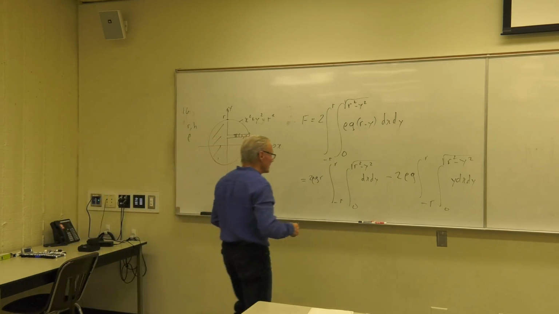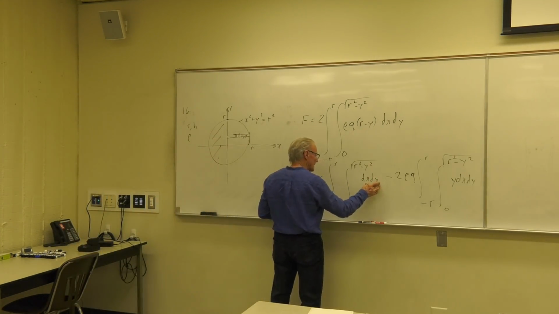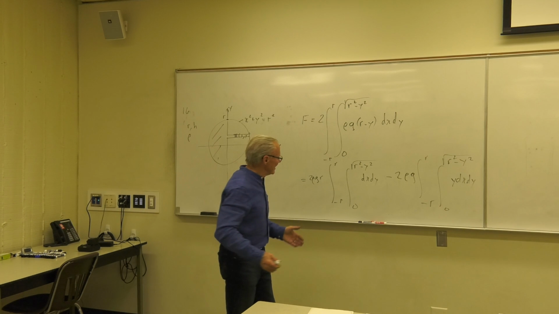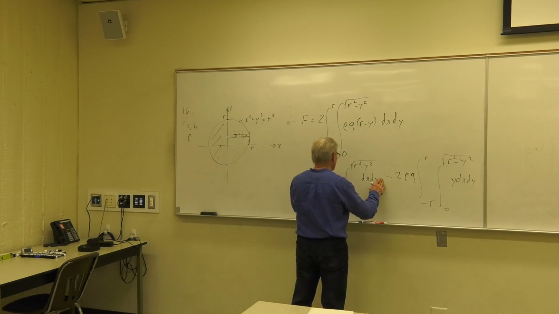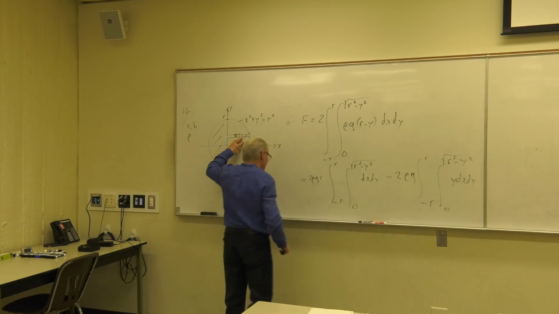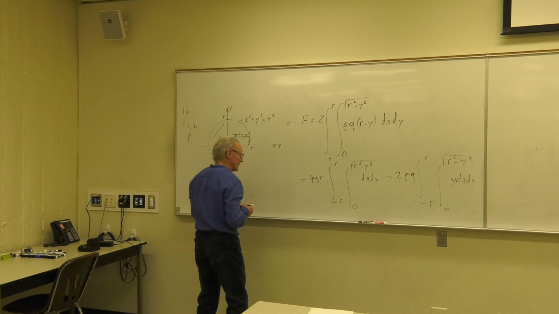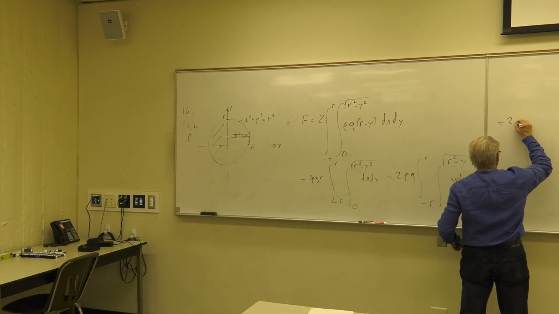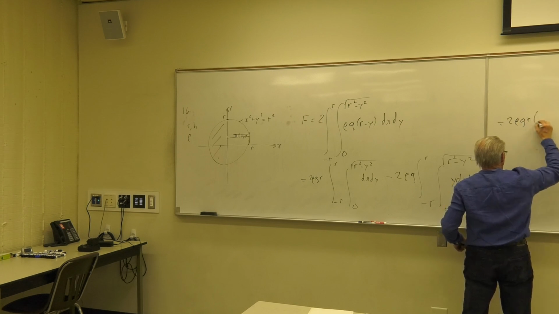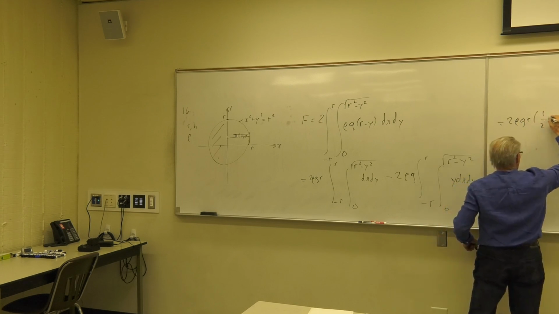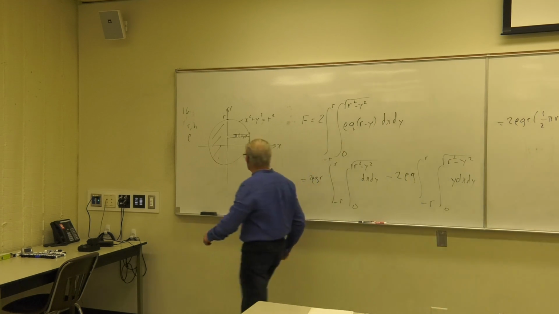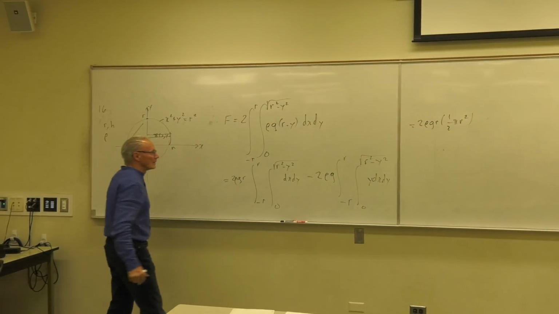This is the area of a rectangle, and what does this do? Adds up all the areas of the rectangles. This, therefore, is the area of this semicircle. Well, I can do that. I don't need an integration to do that: 2 rho g r times 1/2 pi r squared. There. That should be the value of this integral.